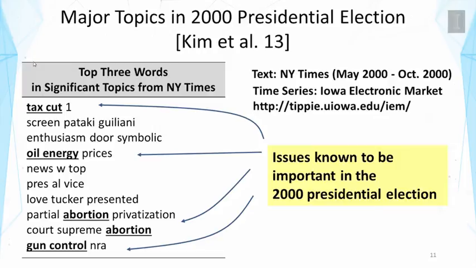So tax cut, oil energy, abortion, and gun control are all known to be important issues in that presidential election. And that was supported by some literature in political science, and also discussed in Wikipedia. So basically the results show that the approach can effectively discover possibly causal topics based on the time series data.